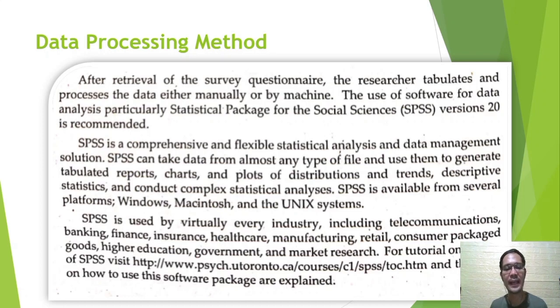So it can take data from almost any type of file and then use to generate tabulated reports, charts, and plots and distributions and trends, descriptive statistics, and conducts complex statistical analysis. And also it is available from several platforms such as Windows, Macintosh, and the Unix systems.